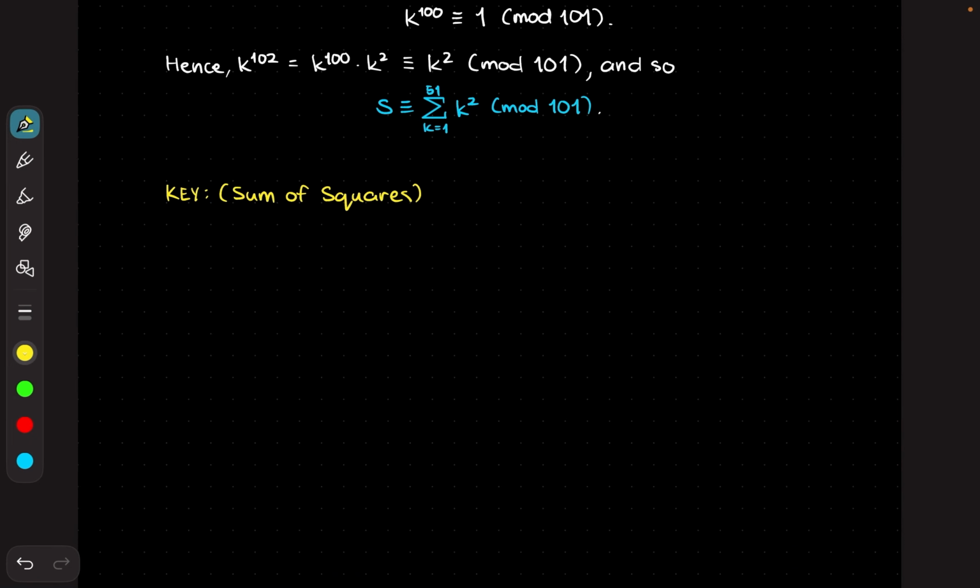Take note that the sum of k squared from k equals 1 to n, wherein n here is any natural number, is just equal to the following rational expression: n times n plus 1 times 2n plus 1 over 6. Again, this is true for any n in the natural numbers.